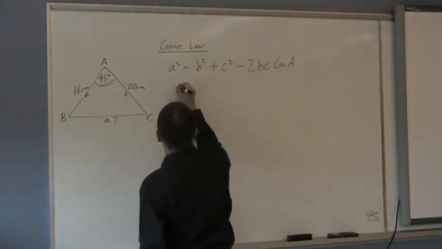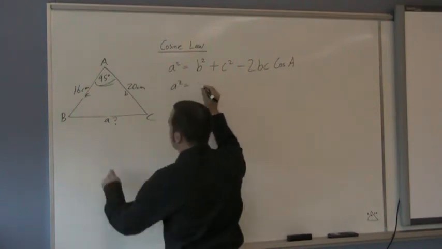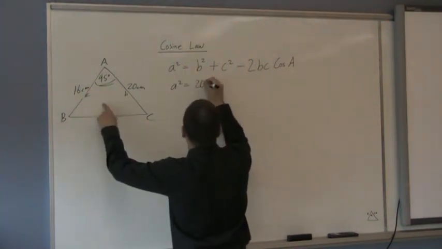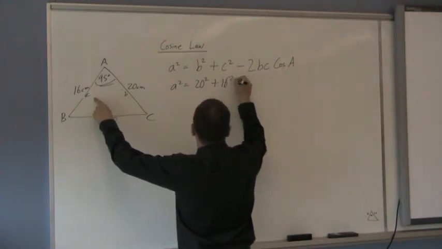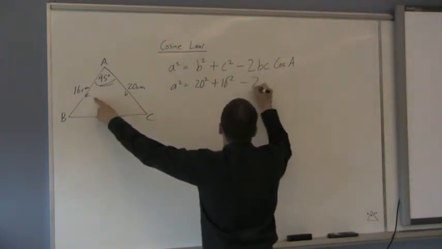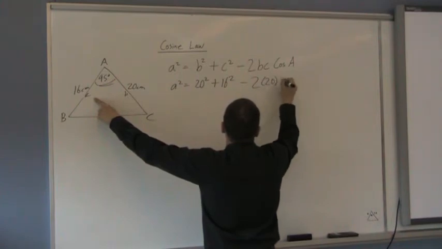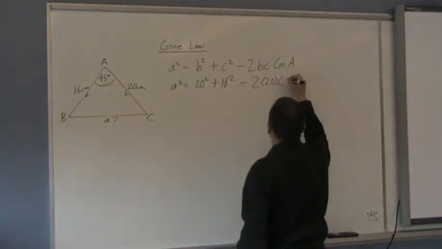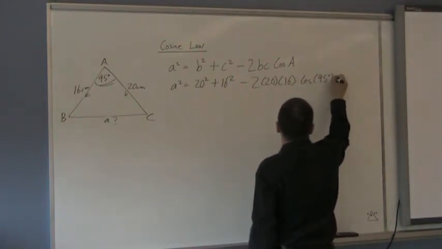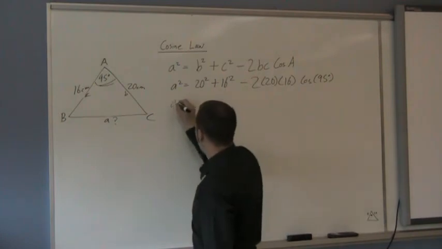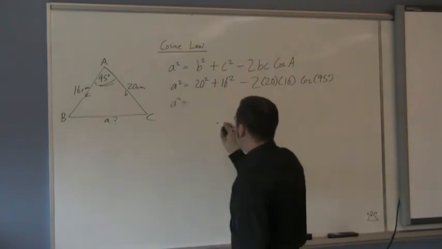Okay. So I end up with A squared equals B squared, so 20 squared, plus 16 squared, minus 2 times 20 times 16 times the cos of 95 degrees. So then you get your calculator.